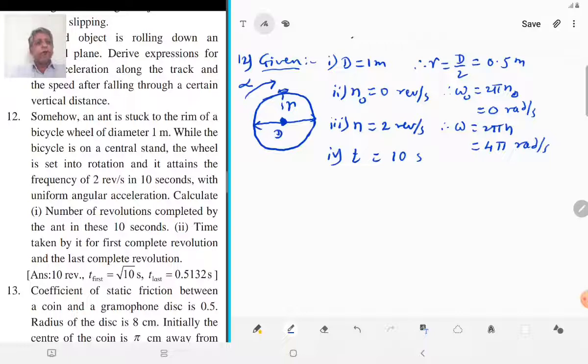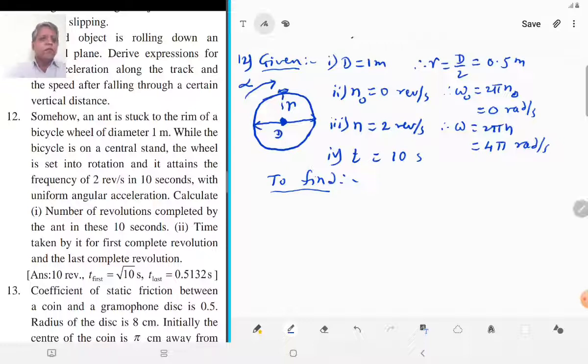So the ant also performs circular motion with the same angular acceleration. Now, from the next sentence, calculate first point, that is to find. Number of revolutions completed by the ant in these 10 seconds.